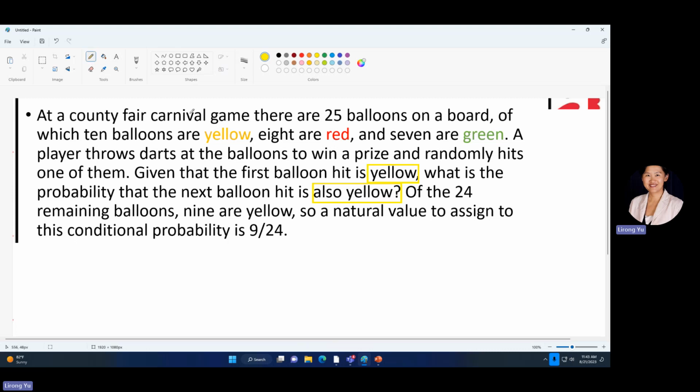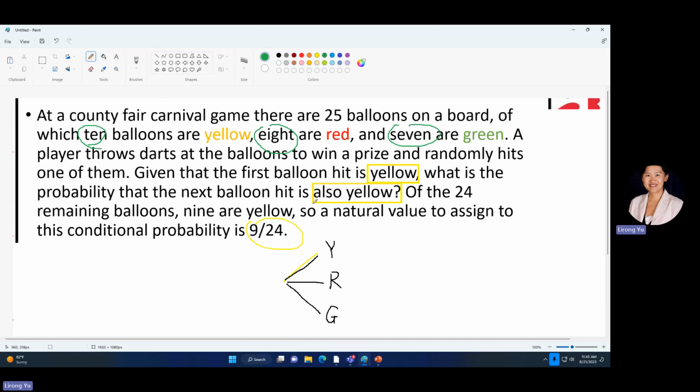Sometimes we do try to analyze it with the tree diagram. This question, the answer is already there. The answer is 9/24. So we can draw the tree diagram for the first hit. We have yellow, red, and green. The counts are 10, 8, and 7.